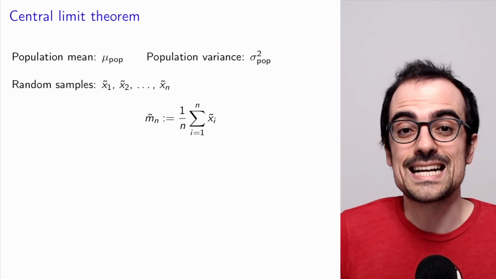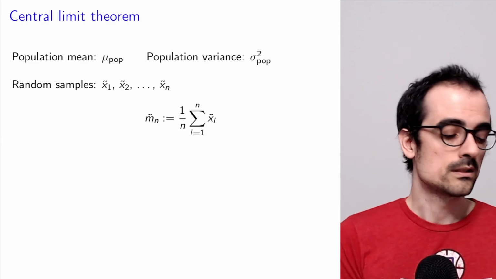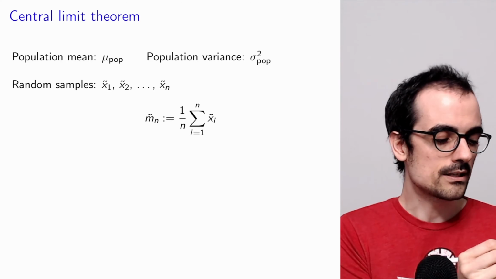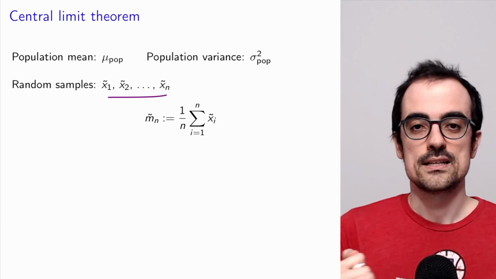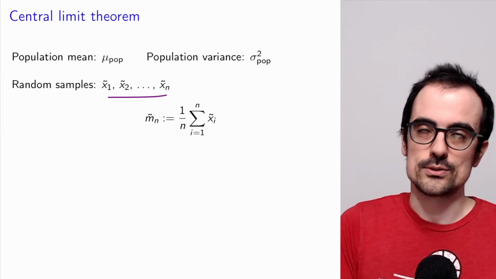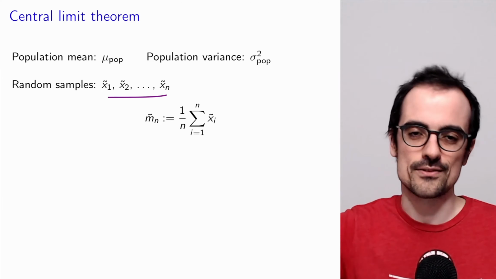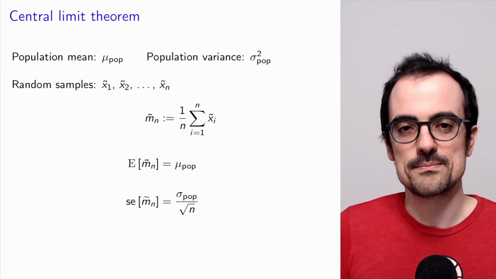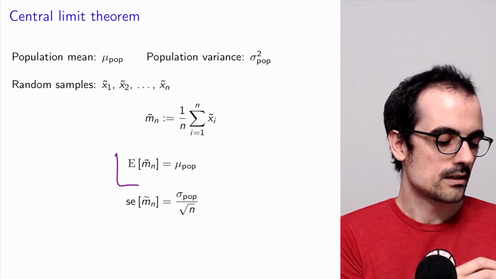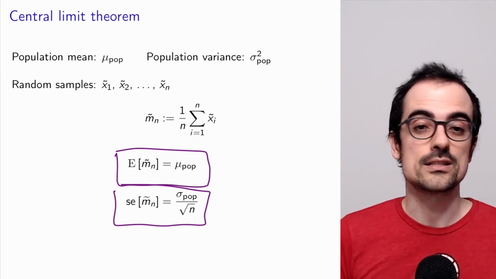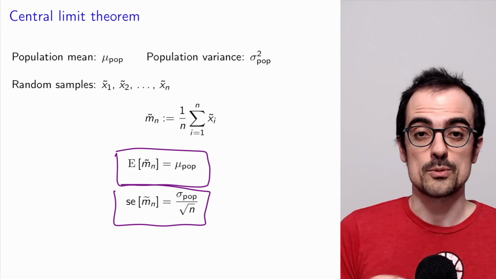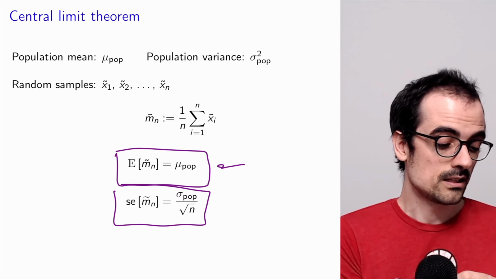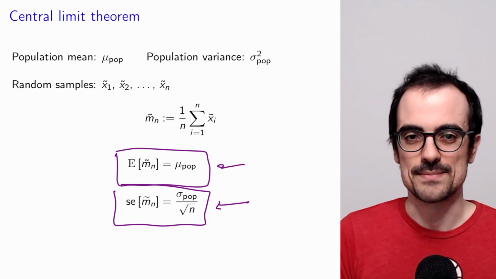So the central limit theorem guarantees that this is going to happen. If you have a sequence of random samples and you take the average, or the sample mean, of the first n entries in the sequence, that sample mean is going to be approximately Gaussian with a mean and standard deviation which, in the case of the estimation of the population mean, correspond to the population mean and to the standard error that we had mentioned before.